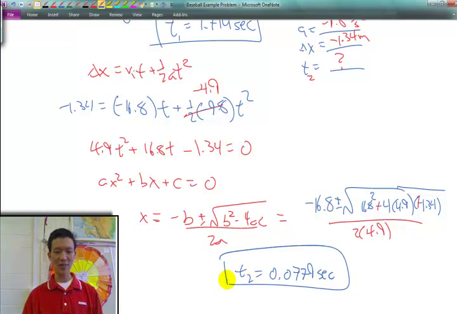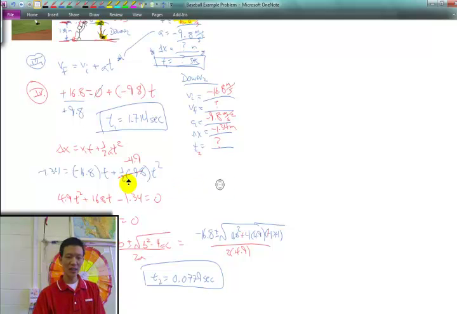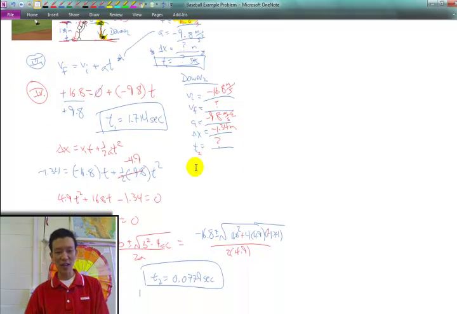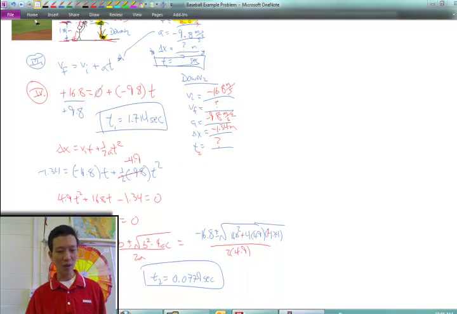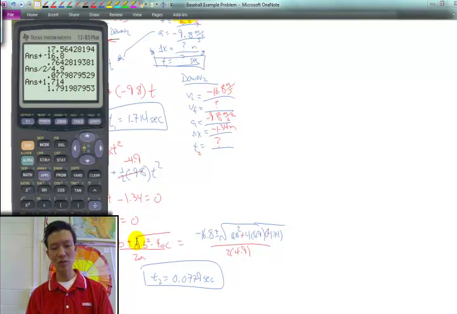And you know what, really quick, let's just use common sense. Does it make sense that time 2 is a lot shorter than time 1? It does, because time 1 was for the ball to go to the peak and come back to your hands. Time 2 is just to go from your hands to the ground. So how do I get my final time? I just add on to that 1.714 seconds, time 1, okay? 1.714.